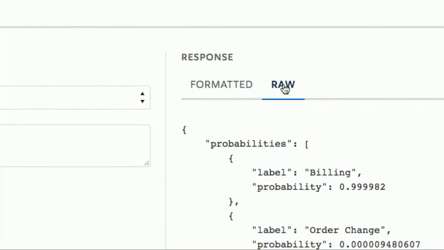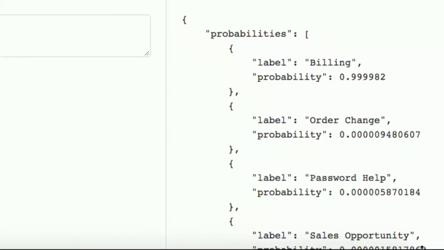So based on the training where I can change my credit card, it gave me the billing probability back. And this is then also really important to understand based on the probabilities that you got back. Because we trained Einstein in this simple example with 5 categories, and it gave me the category billing back. So based on the pattern that I had, it gave me billing with a probability of 0.99 back.